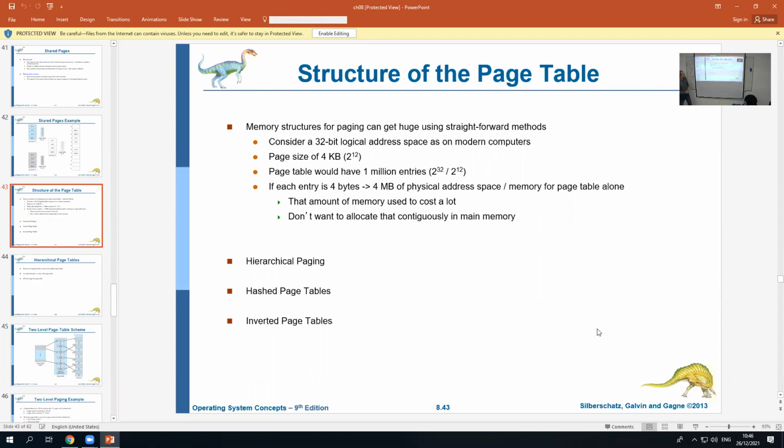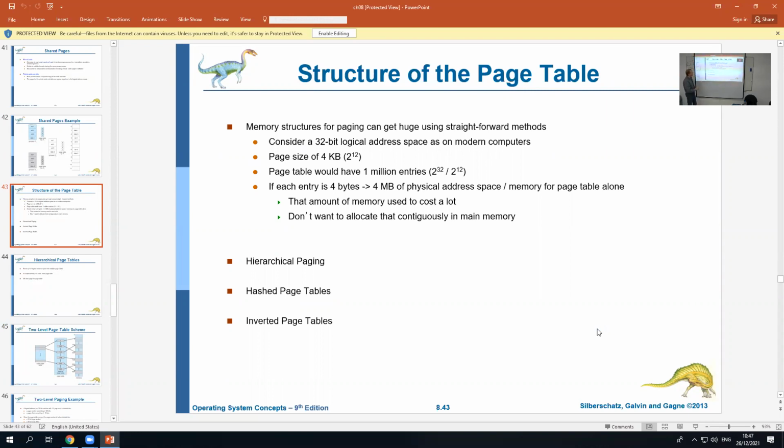He says 4 bytes. I said 3 bytes. He's saying let's round them up to 4 bytes. Each row is 4. Because remember, they're going to have more things in it. They're also going to have the valid, invalid bit, right? So there's another bit. It'll be 21 bits. But it's really 3 bytes, though he's rounding up to 4 bytes.